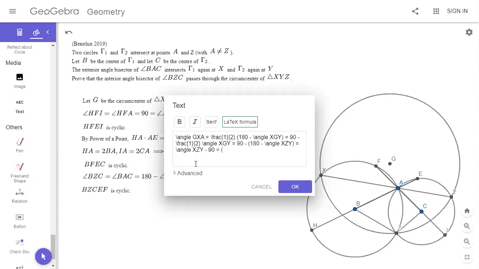That is angle XZA plus angle YZA minus 90, which is angle XHA plus, yeah, so let's see where this goes.